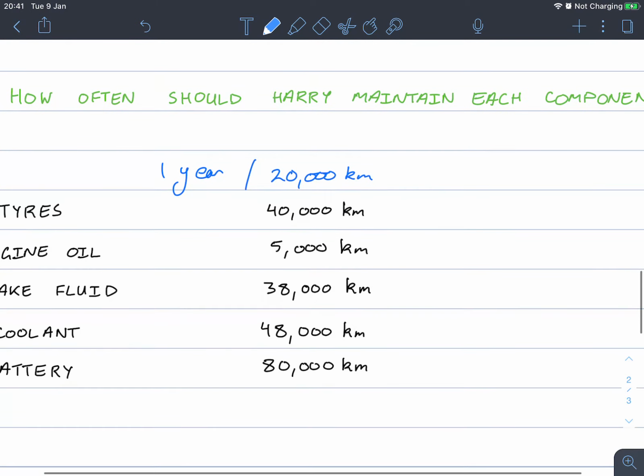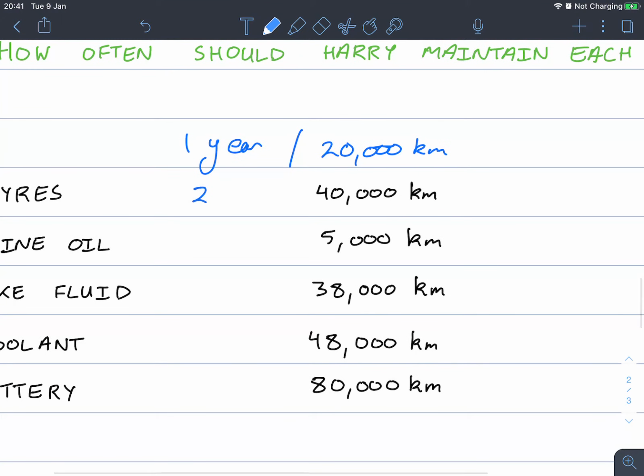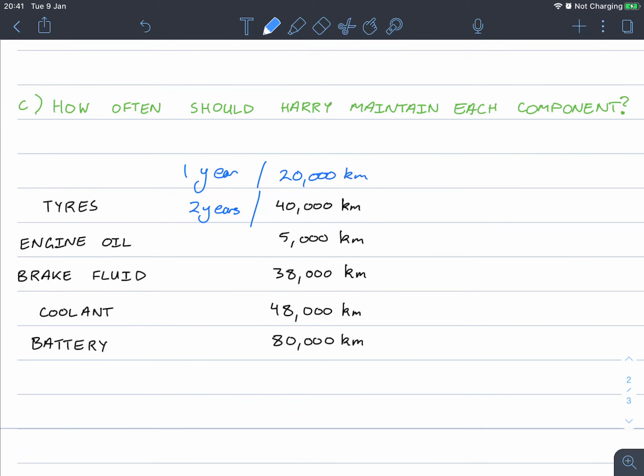Well, in this case, it's very obvious to see that in 1 year, Harry travels 20,000 kilometers, but in 2 years, he travels 40,000 kilometers. So the tires need to be changed, right? So tires is equal to 1 change every 2 years.